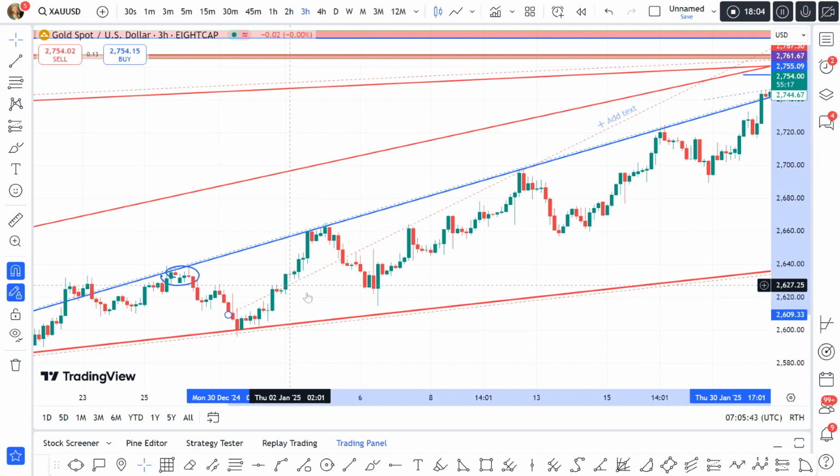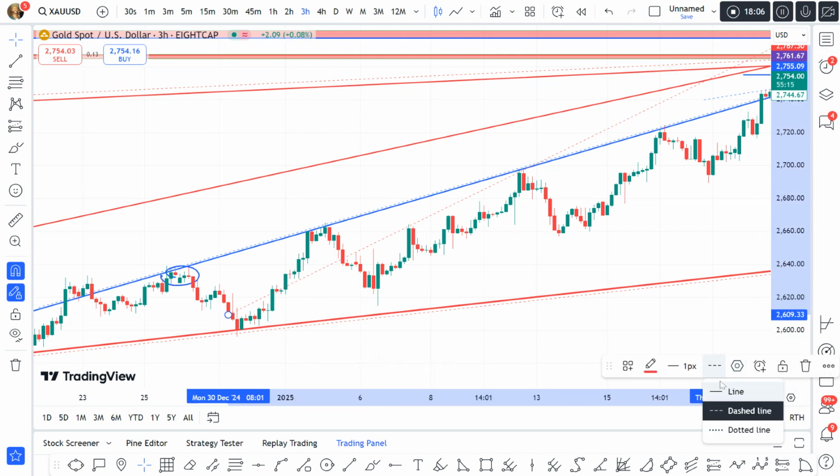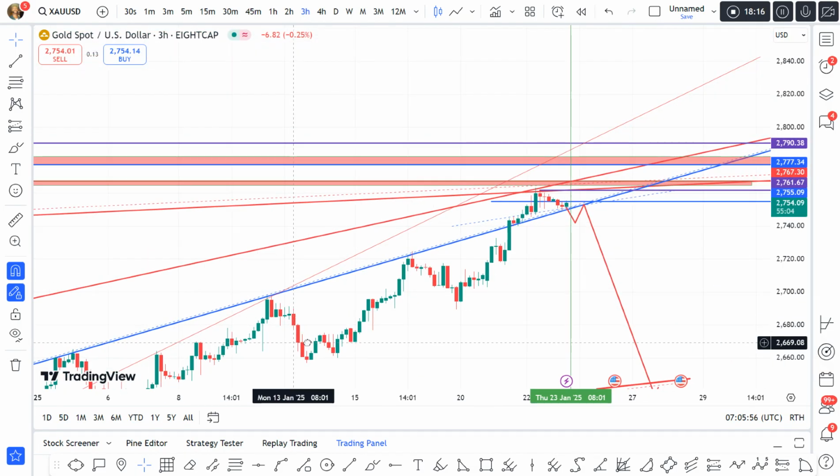On this 3 hours roof, we have the break of structure at that level, and after price broke, it came down, retested and returned on a supply roof: retest one, retest two, retest three. There is a probability that if this upswing continues, price could stop at this level at 86.